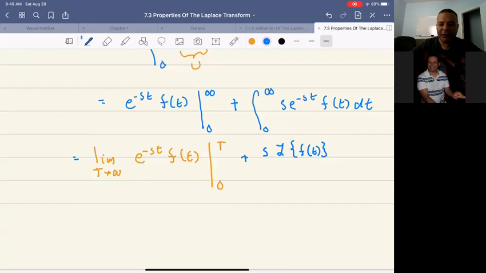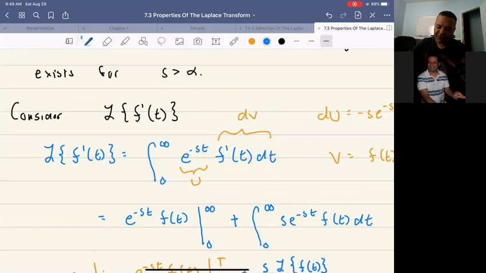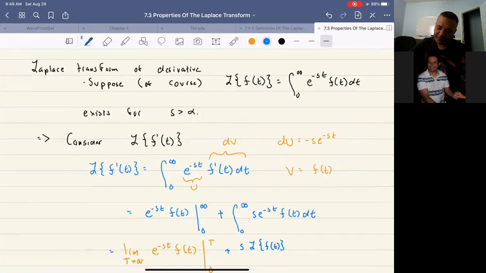What happens as t goes to infinity? f of t decays faster than e to the negative st. The reason we know that is because if f didn't decay fast enough, then this Laplace transform wouldn't exist. Remember from last time, f has to be of exponential order, some order less than s.